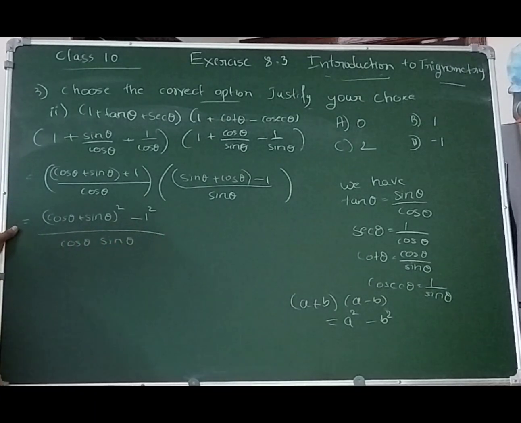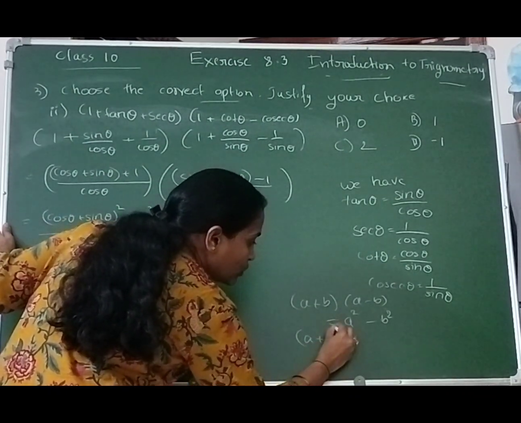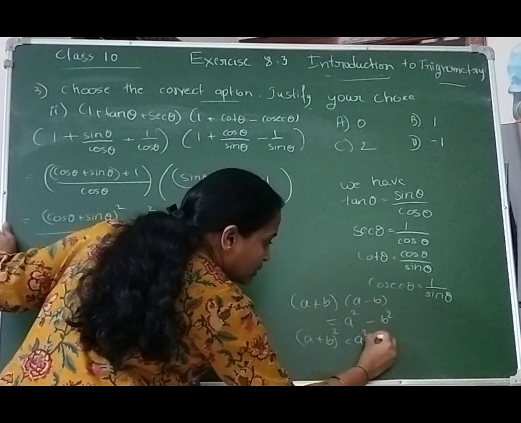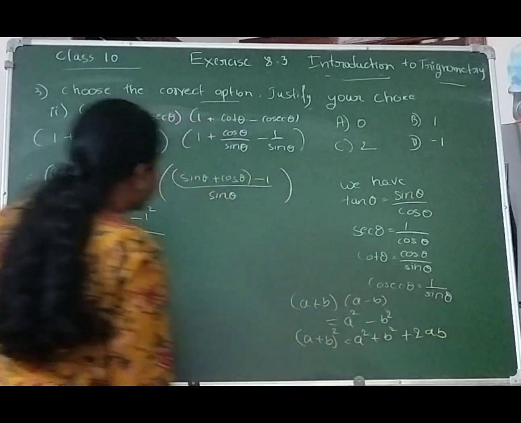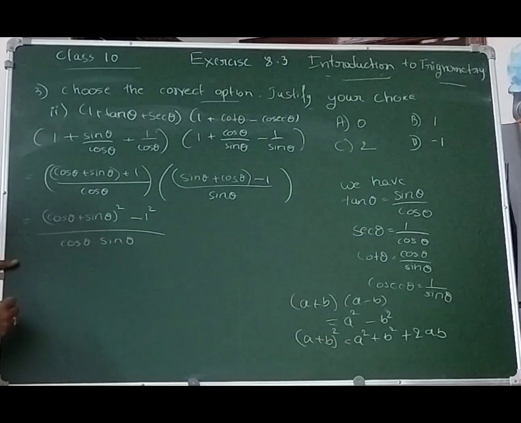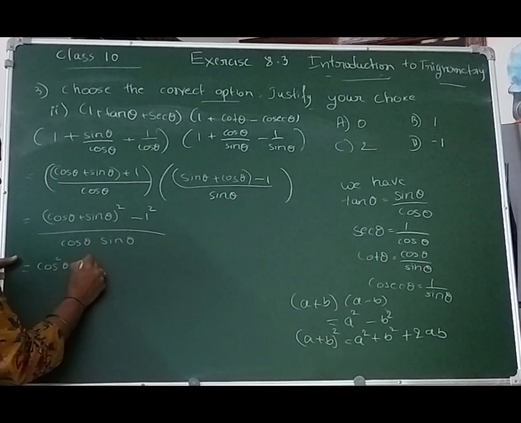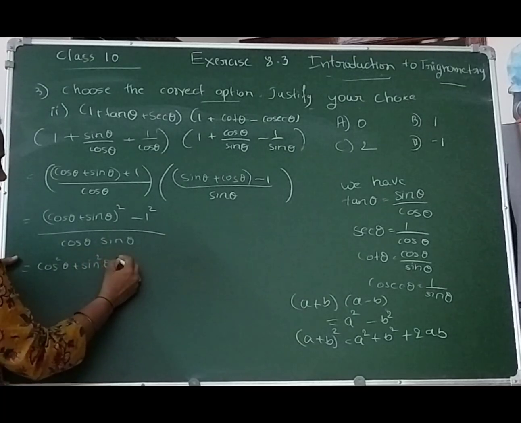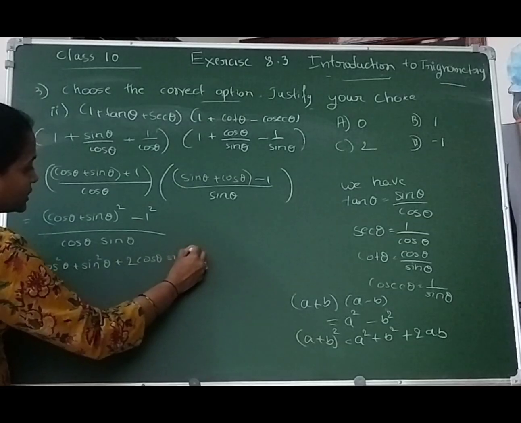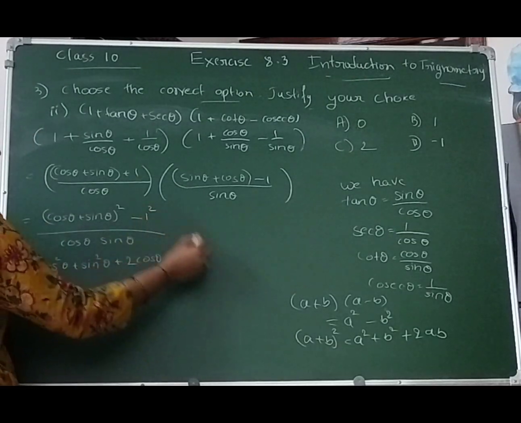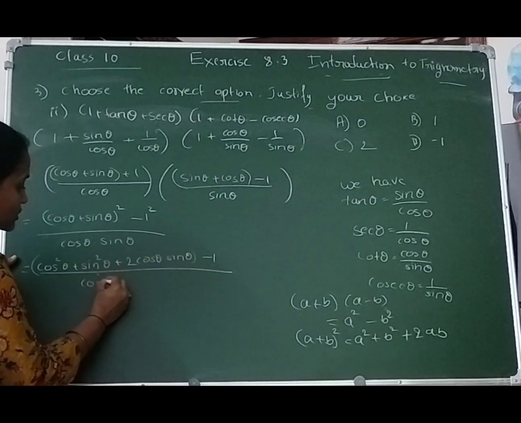This is in the form of a plus b whole square, which is equal to a square plus b square plus 2ab. So we expand using the identity: cos square theta plus sin square theta plus 2 sin theta cos theta minus 1, whole divided by cos theta into sin theta.